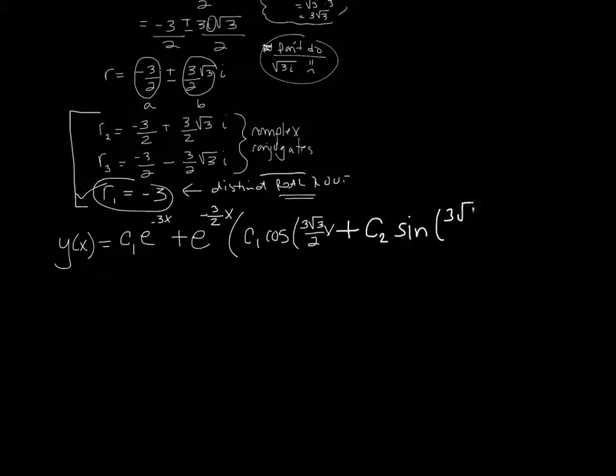So there's my b and x. This is from the complex root, and the other part is from my nice integer root.